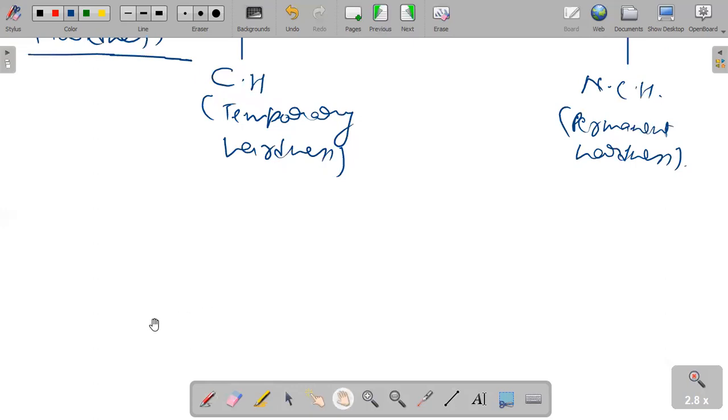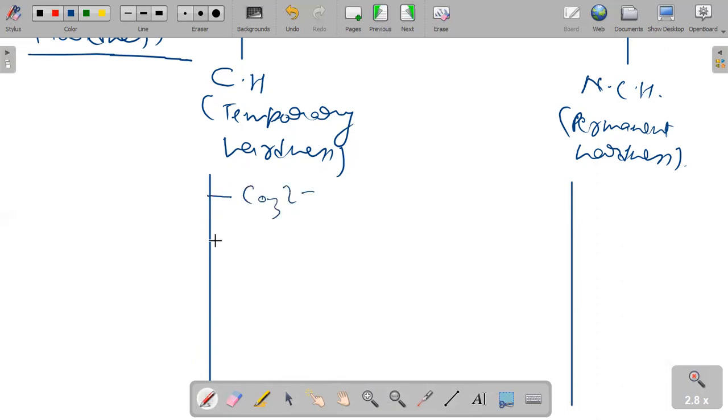In carbonate hardness, we have CO3 2 minus or HCO3 minus of Ca2 plus and Mg2 plus.